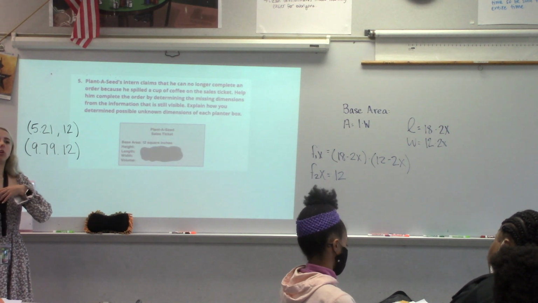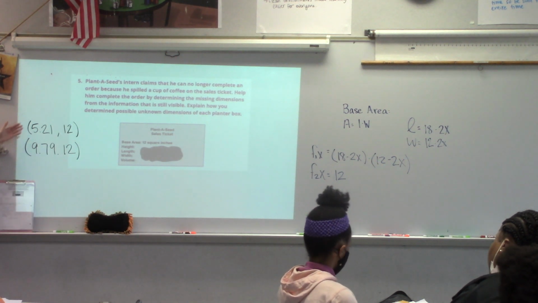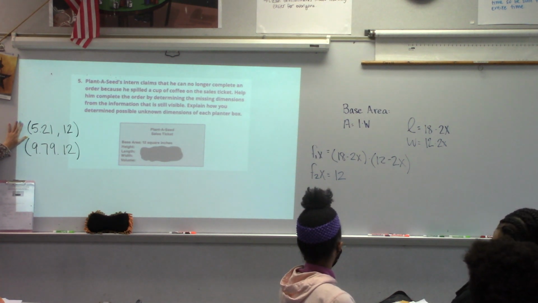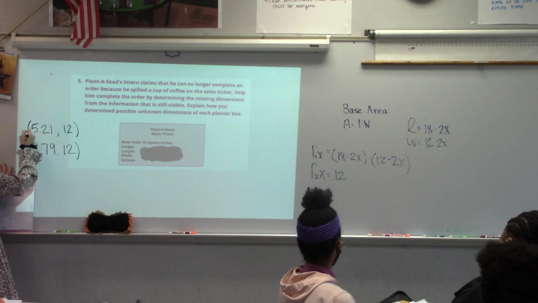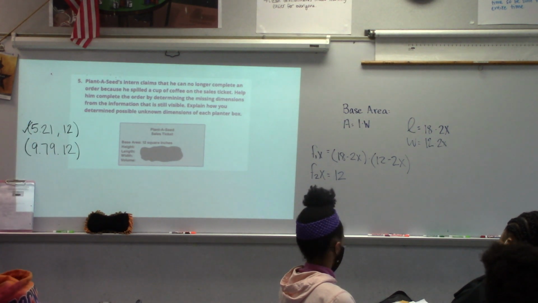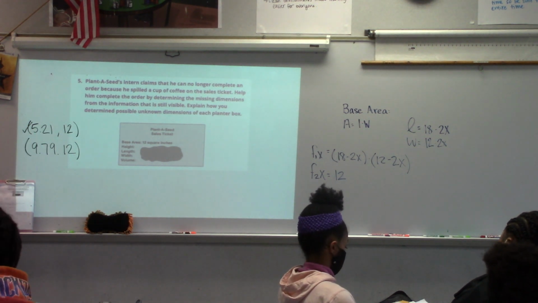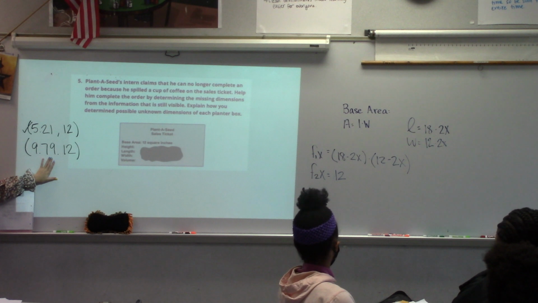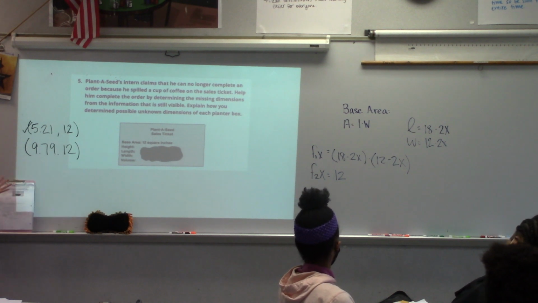Okay, in the context of the problem, which height values would work here? A height value of 5.21 is in our domain. I'll even point out group 5 over here, they used a height value of 9.79 to start calculating length and width.